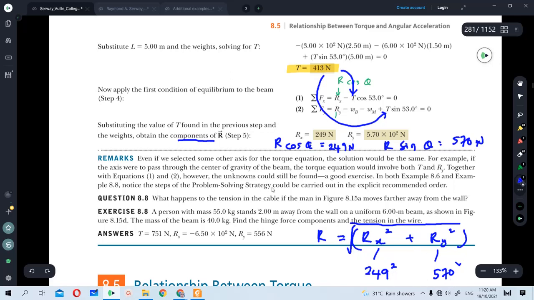However, if it does say please calculate the components, then 249 and 570 Newton is sufficient. Thank you.